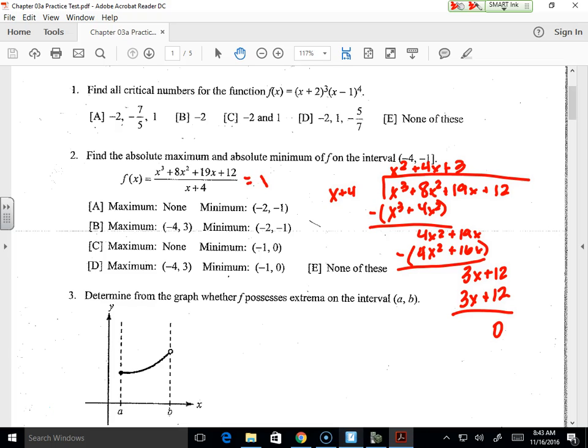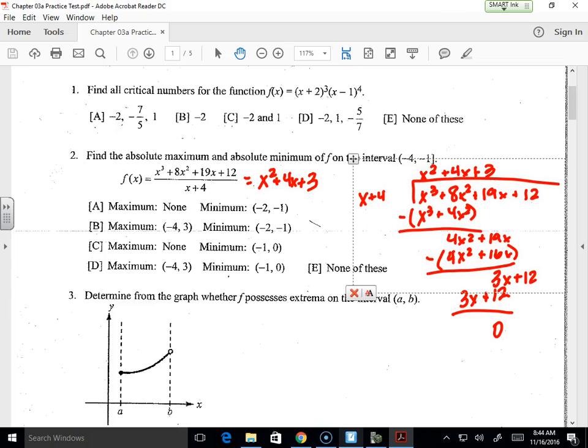Guess what this whole thing can be reduced down to? There's a hole at -4. -4 goes in evenly. So we can actually divide and not have to worry about that huge nasty derivative.